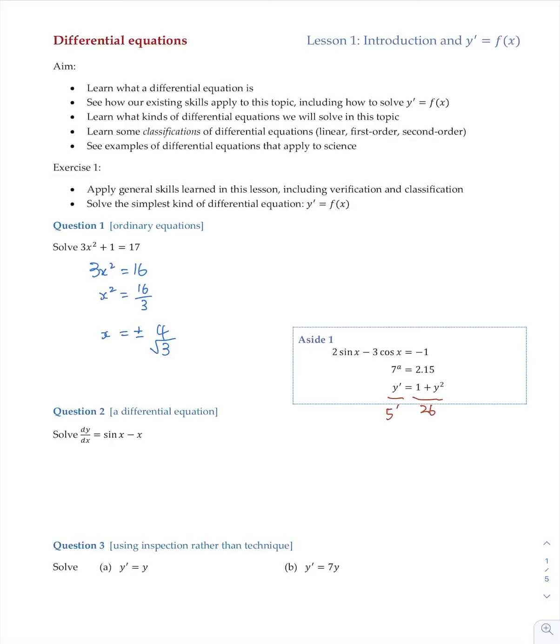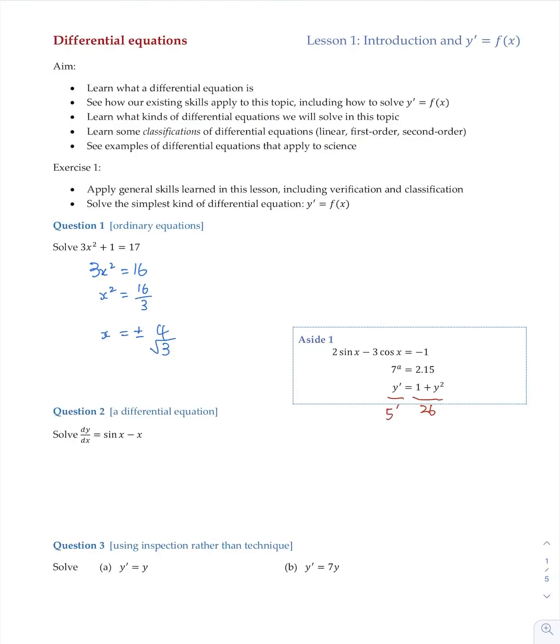So y can't be a number. What can you put a dash in? A function. y has to be a function for this to work. So differential equations are equations that have a function as an answer. The equation involves derivatives of that function. Okay, so let's get on with it.